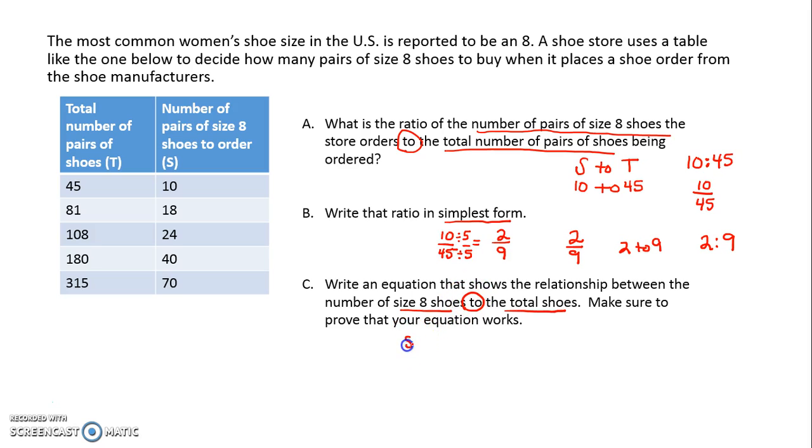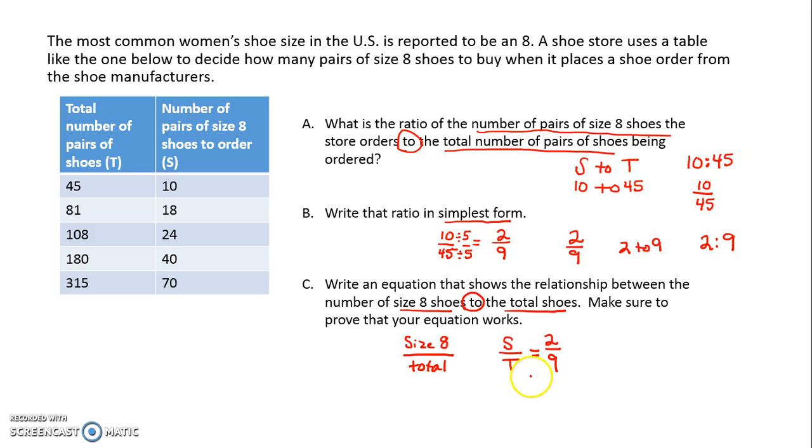So in 7th grade, we would do size 8 to the total. Okay? So for you, your size 8 would be S, the total would be T. So we would have S to T equals, and then we would put in our ratio in simplest form because this was S to T. So as 7th graders, we would then write 2 to 9. And that's the equation we would write.